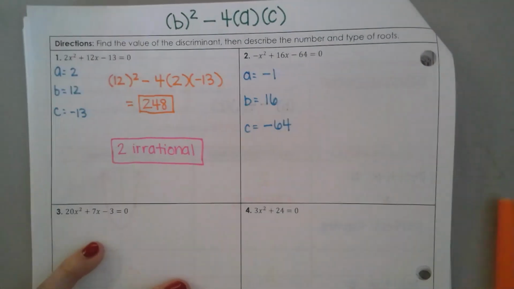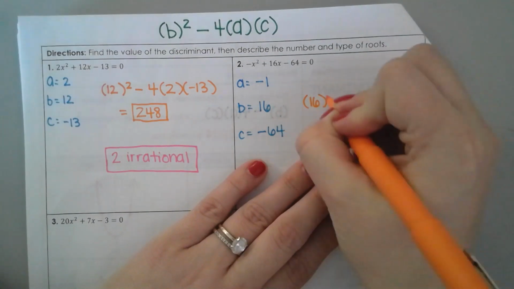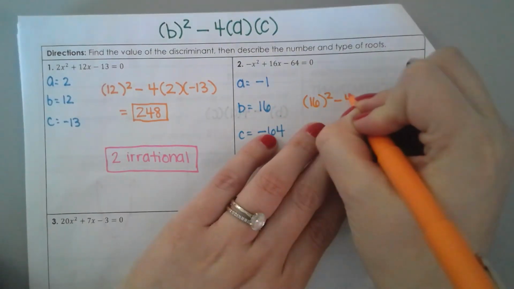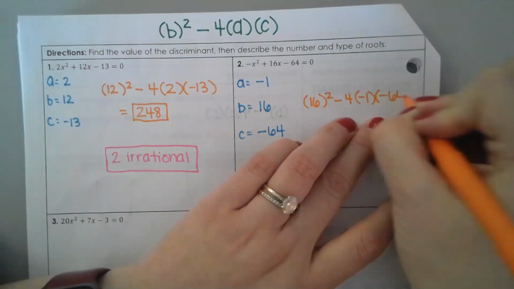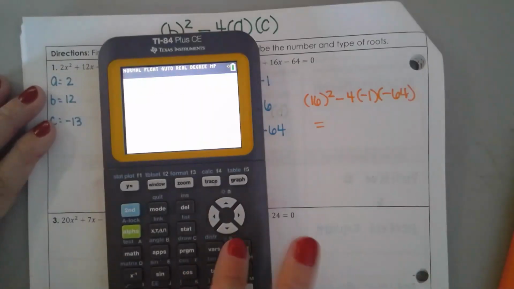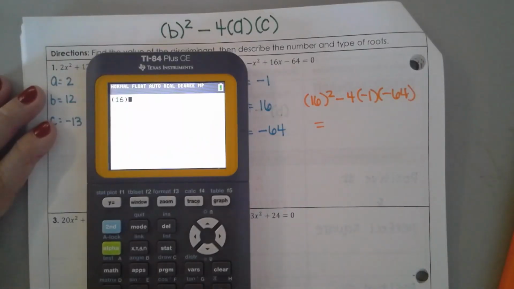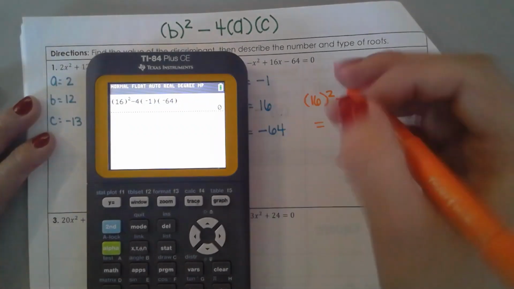So then we can fill into the formula. 16 squared minus 4 times -1 times -64. And we get what? 0.